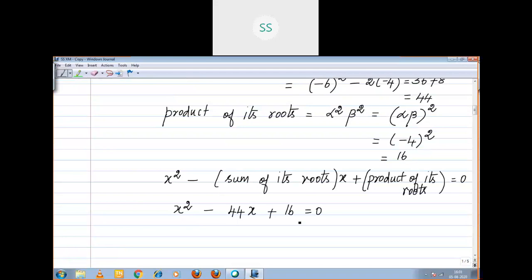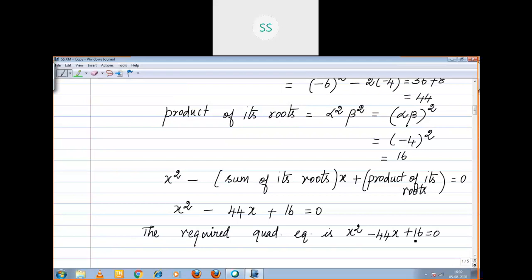X square minus 44x plus 16 equal to 0. The required quadratic equation is, you should highlight your answer: the required quadratic equation is x square minus 44x plus 16 equal to 0, right?